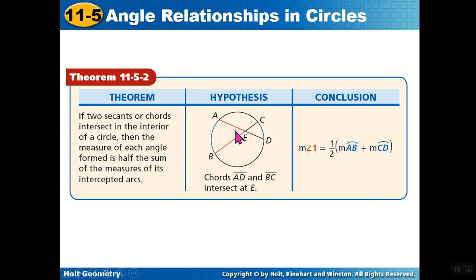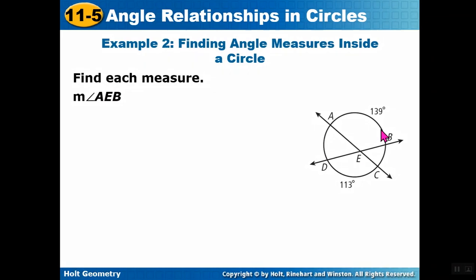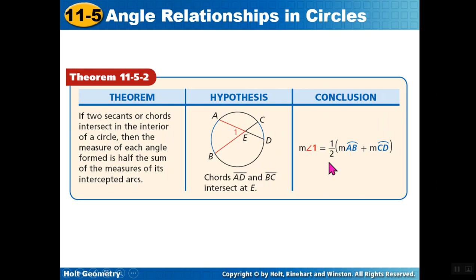Measure of angle 1, the angle of intersection, is equal to half the measure of the behind arc plus the measure of the front arc. Again, measure of angle 1 is equal to half the addition of this arc plus this arc.